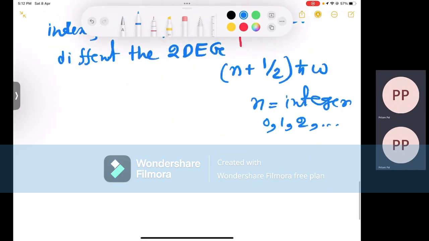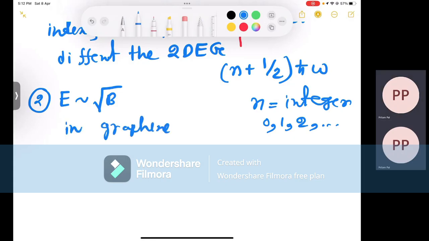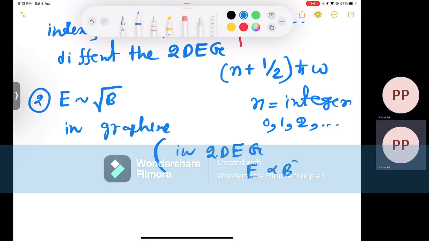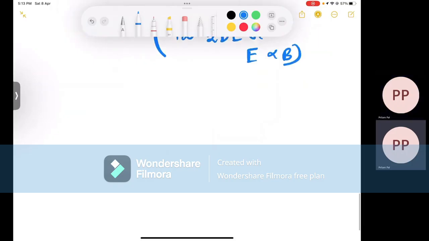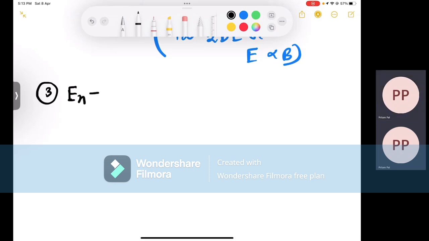Then the second one is the energy. It is proportional to the square root of B in graphene, and in 2D it's proportional to B. And the other one is root n, right? n is the Landau level index.